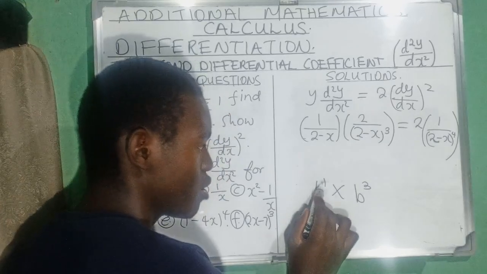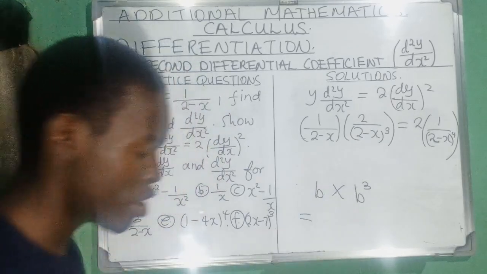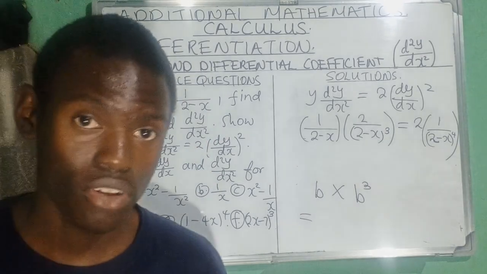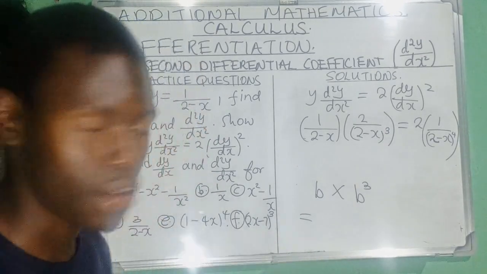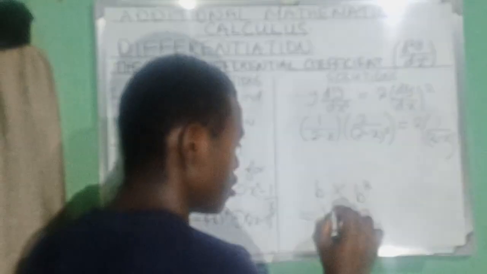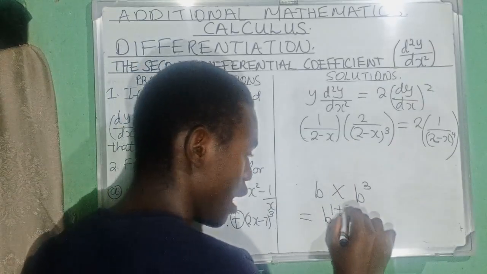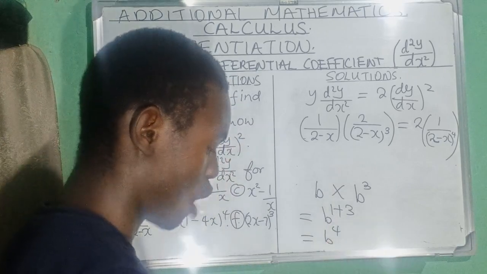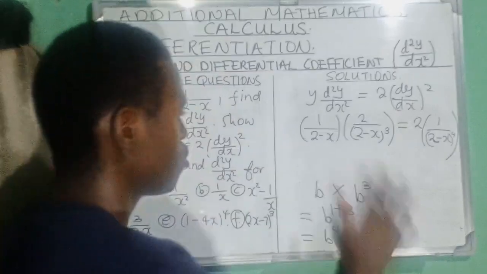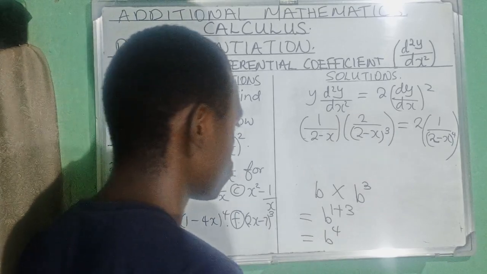So b to the power 1 is just the same as b. You don't need to write the power 1. So b multiplied by b to the power 3, you're going to have b to the power 1 plus 3, which is going to give you b to the power 4. So I want us to think in that way to simplify what we have there on top.